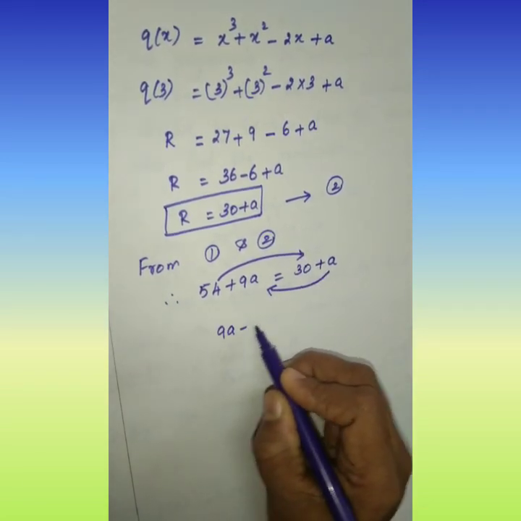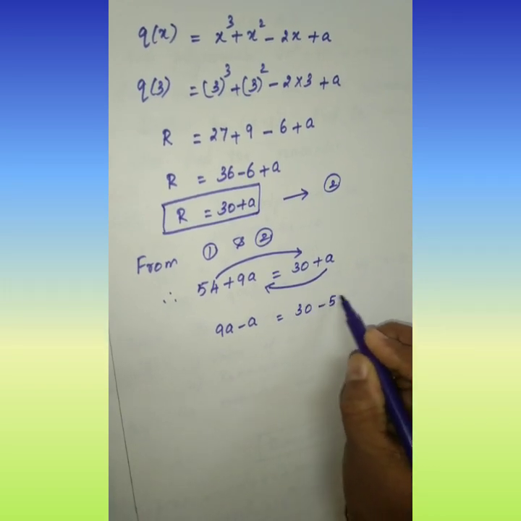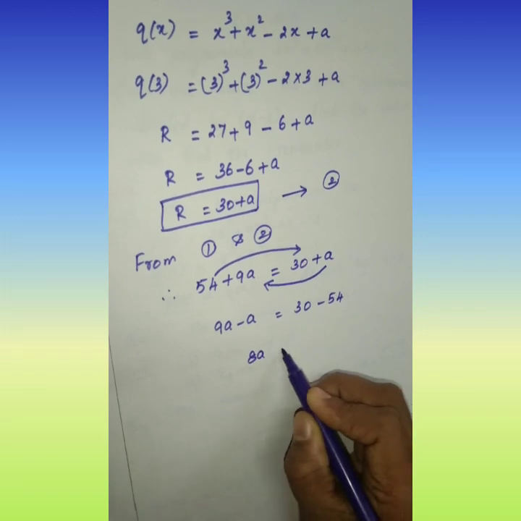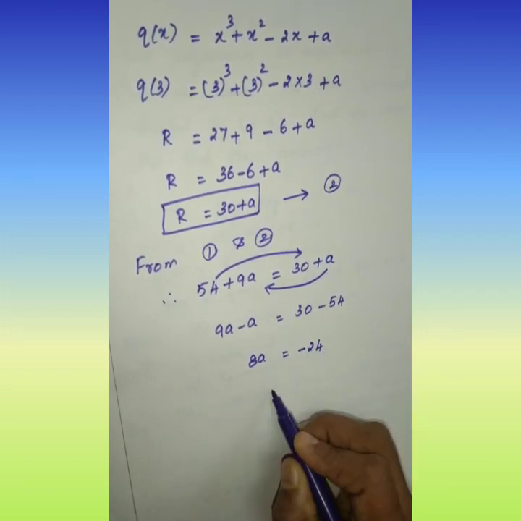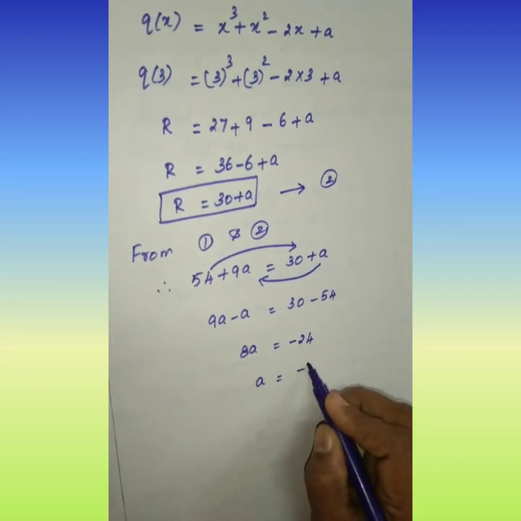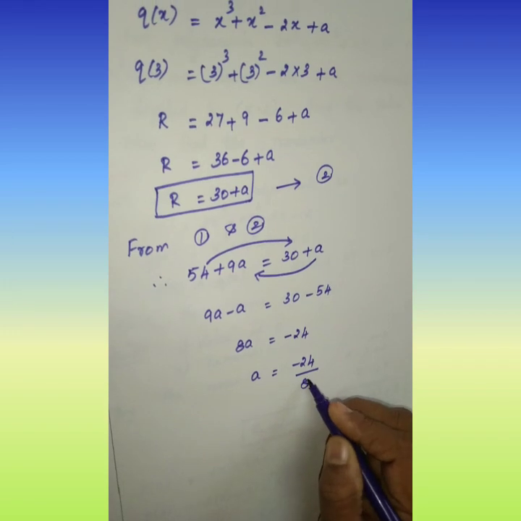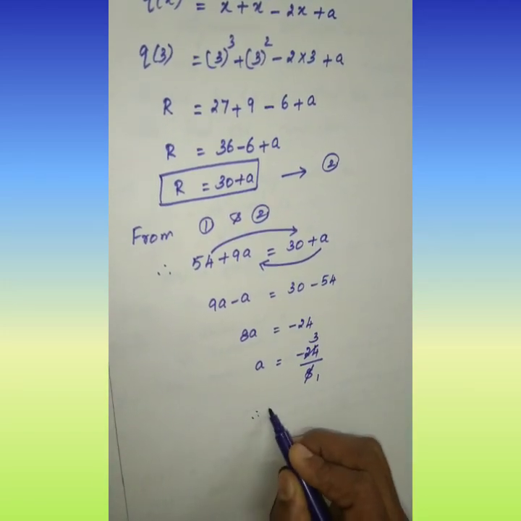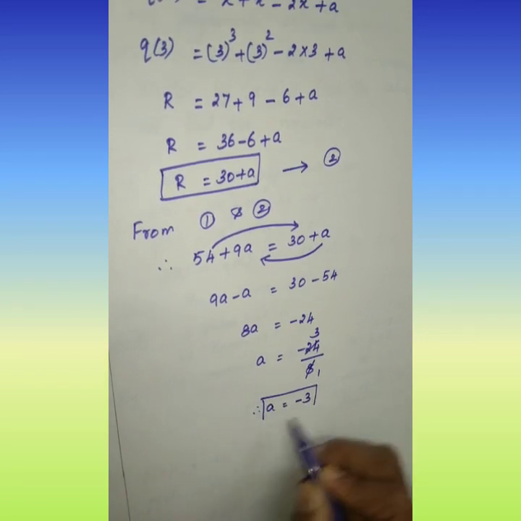Therefore 9a minus a equal to 30 minus 54. So 9a minus a is 8a equal to 30 minus 54 is minus 24. Therefore a is equal to minus 24 by 8. Multiplication comes as division. Then 8 ones are 8, 8 3s are 24. Therefore a is equal to minus 3. So we have found value of a.